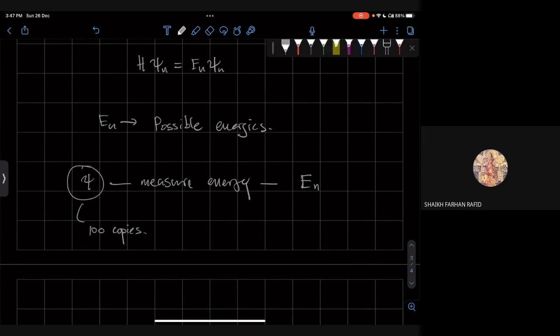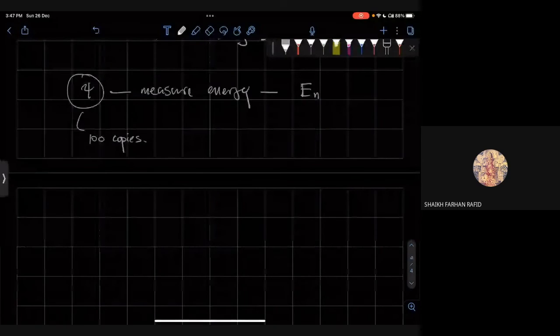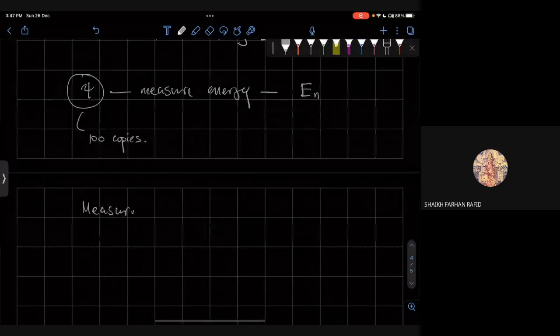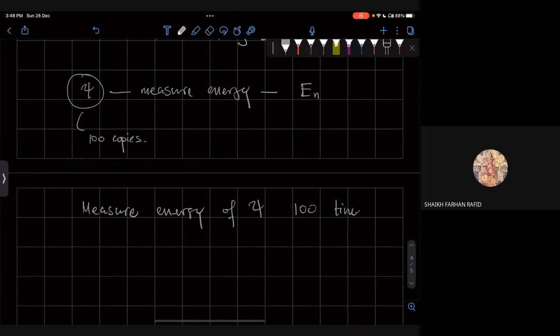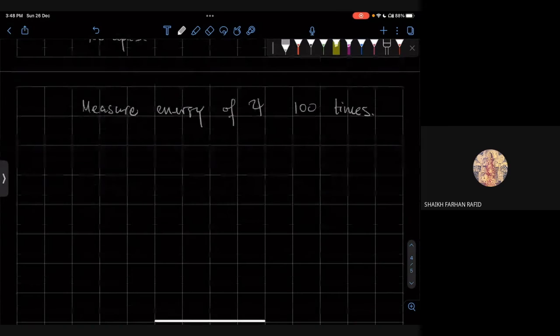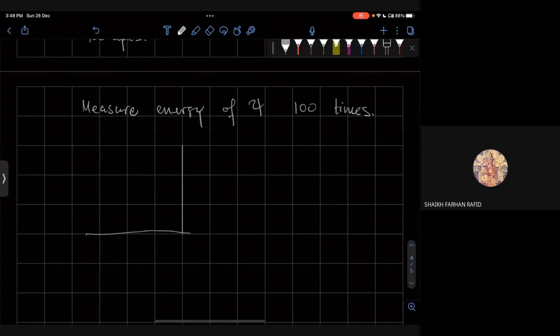So for example, if psi is some random state and I take 100 copies of psi and I measure the energy of psi 100 times, then in principle, I won't get the same value all the time.